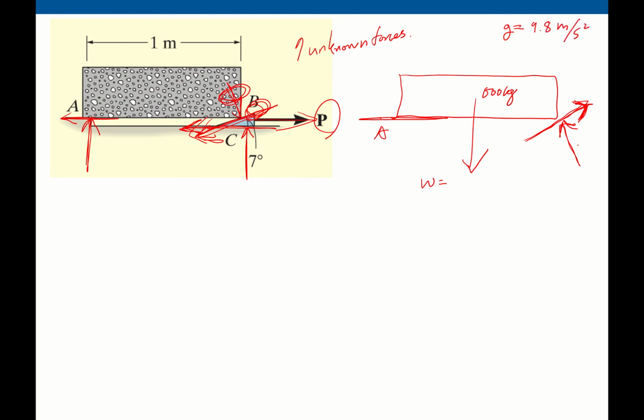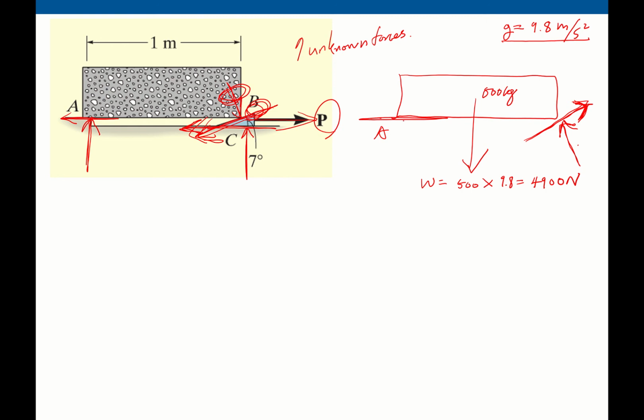I think the textbook used 9.81, but in this case let me just choose 9.8. So the weight of this stone is 500 kilograms times 9.8 meters per second squared, which is 4,900 Newtons.